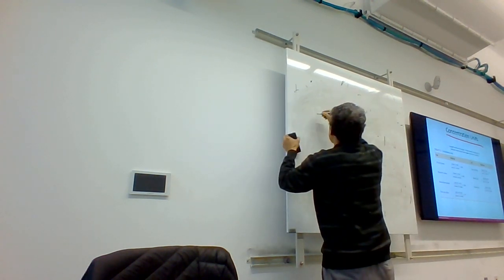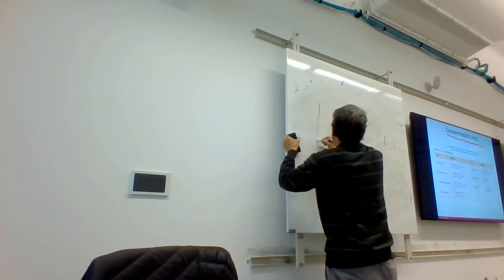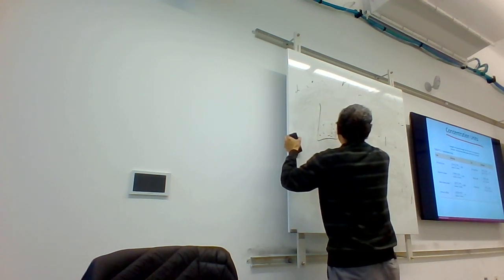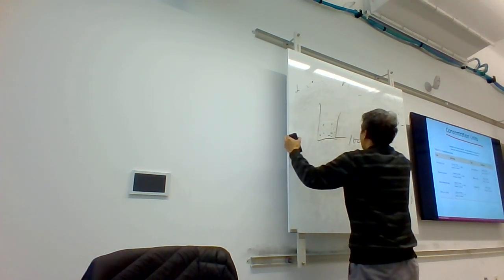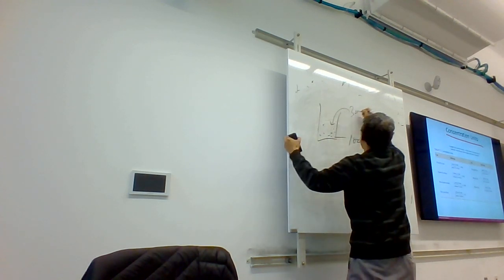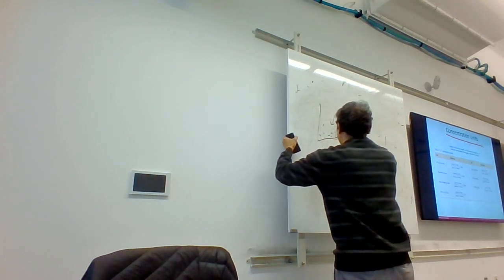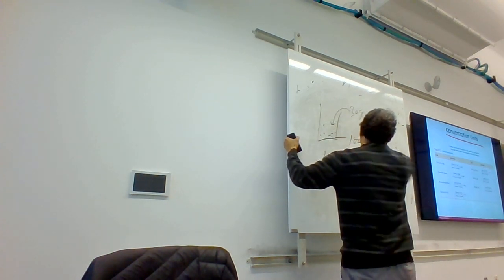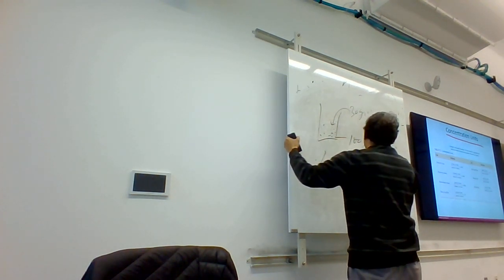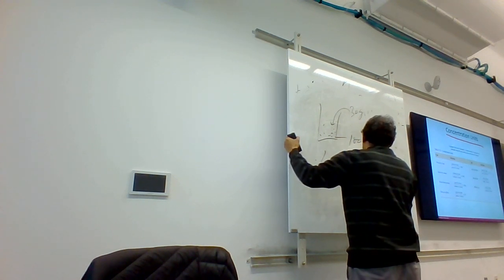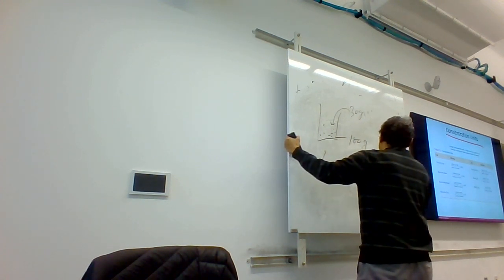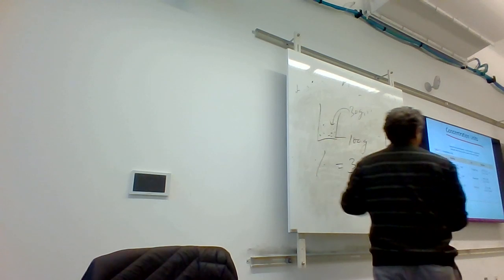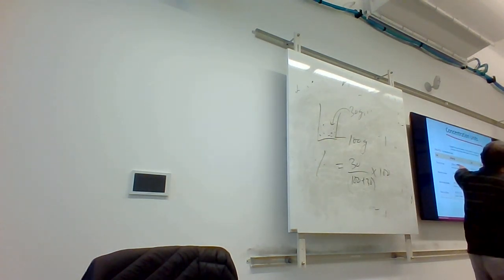Let's say I have 100 gram of water here, and I put 30 gram of salt. What is the percentage concentration? Percent concentration of the solution is equal to salt on the top, and on the bottom 100 plus 30, and you multiply by 100. This is called percent by mass: gram of solute divided by the solution, multiplied by 100.